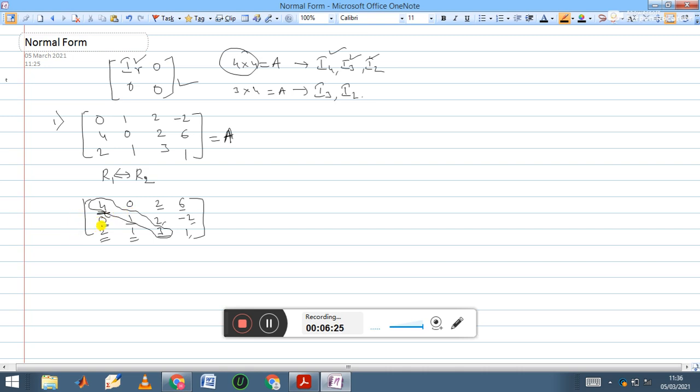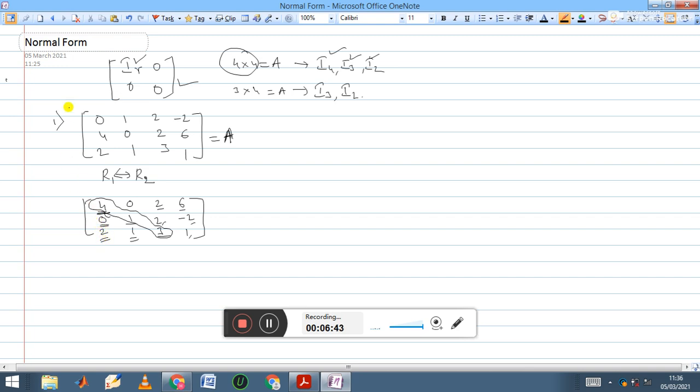Let us proceed. Your second row first element is already 0, so you make the third row first element 0. The third row first element is 2 and the first row first element is 4. Using R1 you make the R3 first element 0.